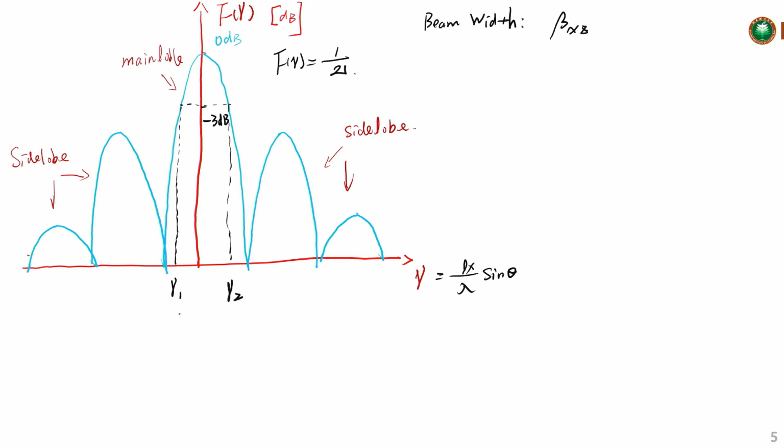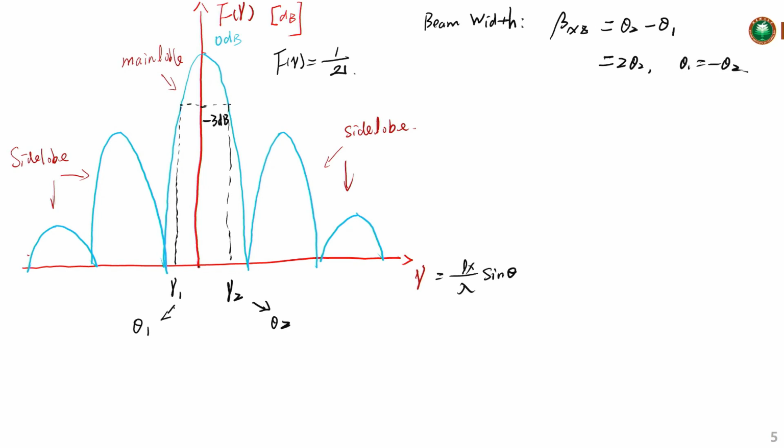With gamma 1 we can get an angle theta 1, and with gamma 2 we can get an angle theta 2. So the beam width equals theta 2 minus theta 1. Because it is symmetric, it can be expressed as 2 times theta 2, when theta 1 equals minus theta 2, alright?